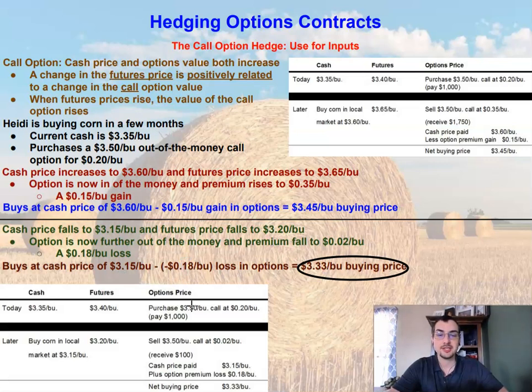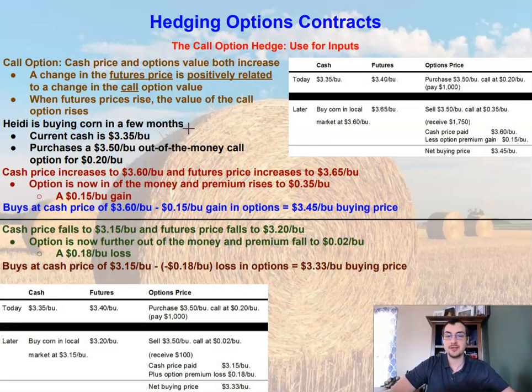Of course, if we hadn't hedged, we would have just paid $3.15, which is better than that $3.33 buying price. But remember, guys, whenever we're trying to hedge, we're not trying to maximize our profits.